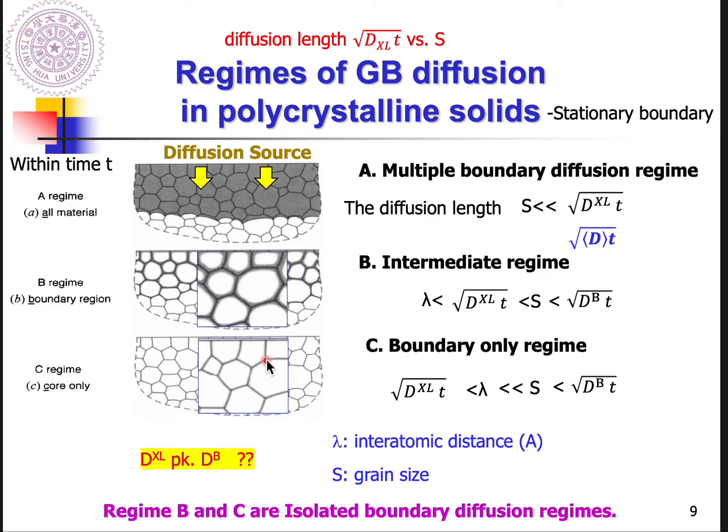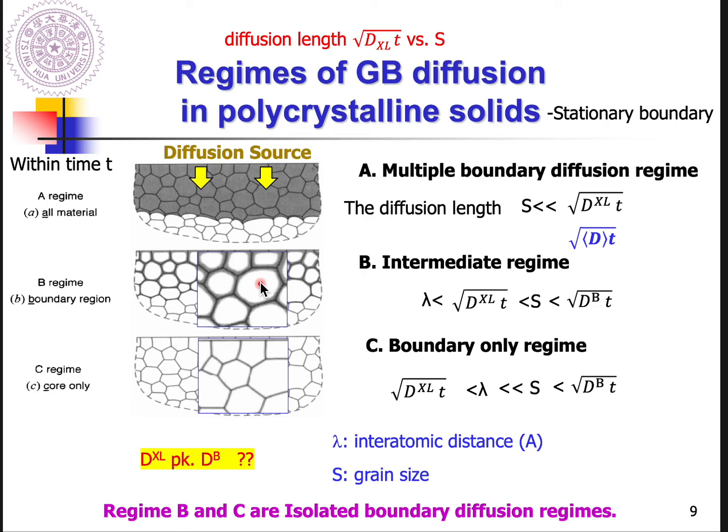Some people call regime B and regime C isolated boundary diffusion regimes, because when you want to calculate the concentration of diffusing atoms inside the grain, you only need to consider a single diffusion source.